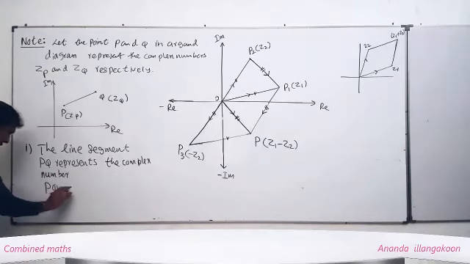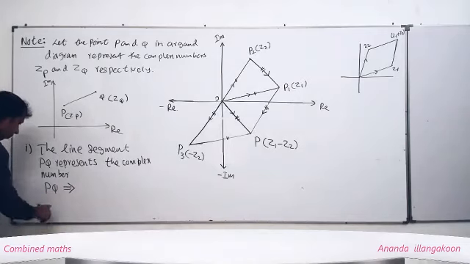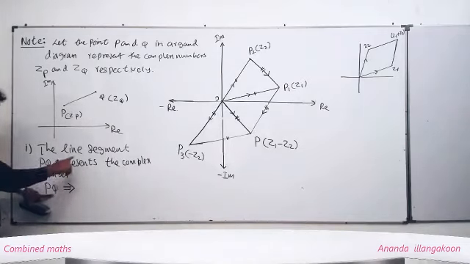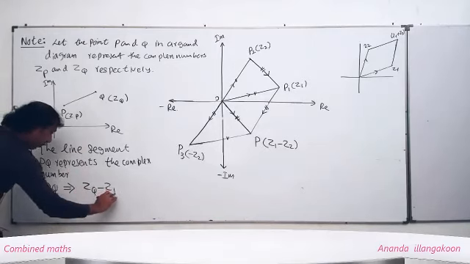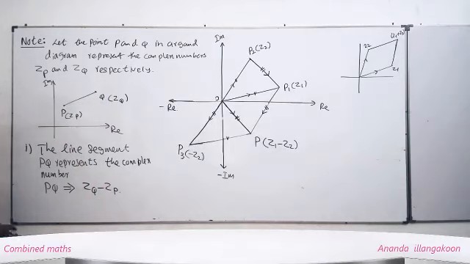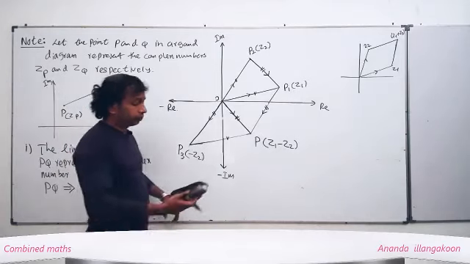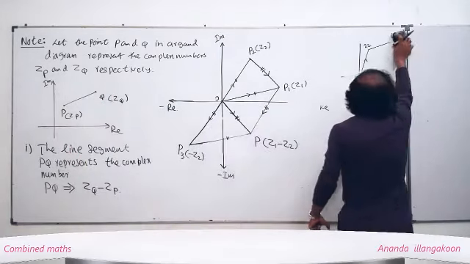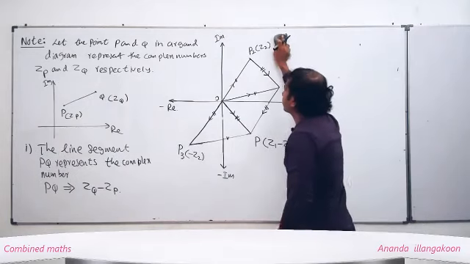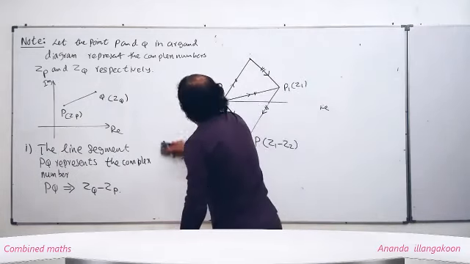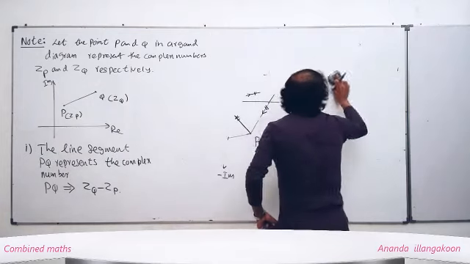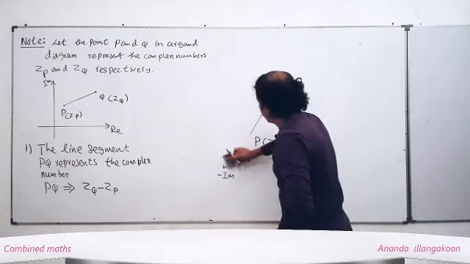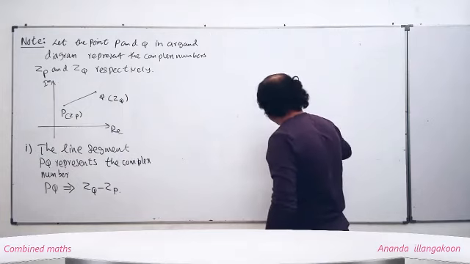PQ uses the complex number at Q minus the complex number at P. Number 2.